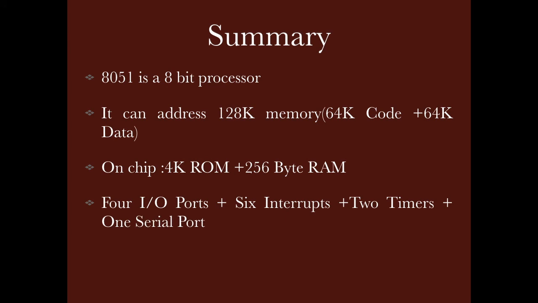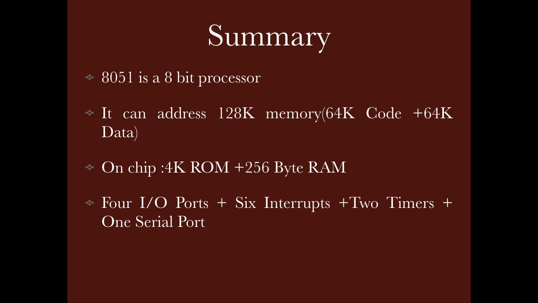It has 4 IO ports, P0, P1, P2, P3, out of which P0 and P2 are used when we are interfacing external memory to it, and P3 has some external signals coming on it as discussed. P1 can be used as a general purpose IO register.